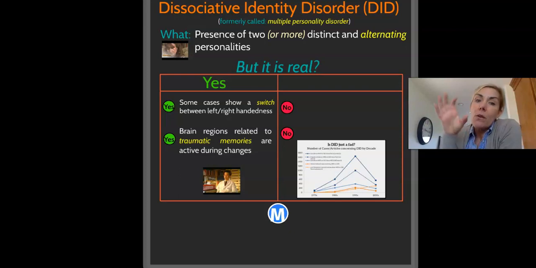People that believe in it say you can actually do brain scans, and you can see different regions activated during an fMRI. This video, I don't know if I linked it or not, but I think you can link it in my Prezi. You can see the different images from brain scans when the people are in different personalities.